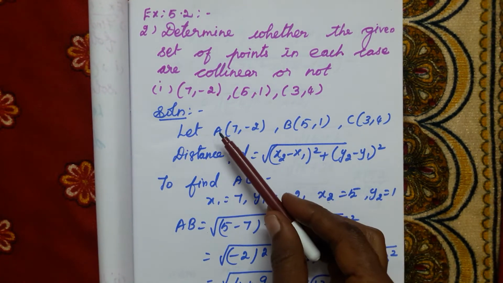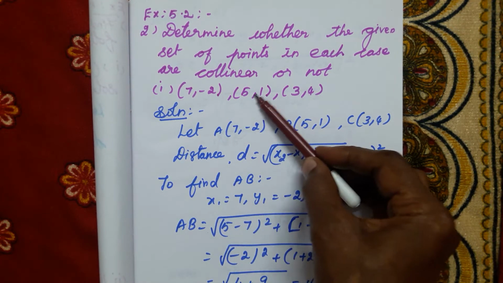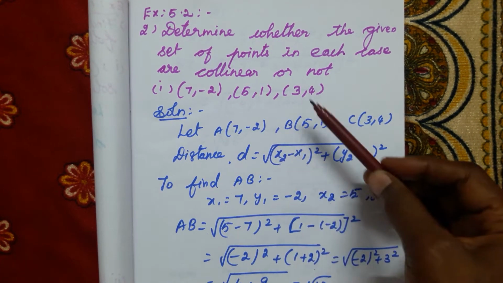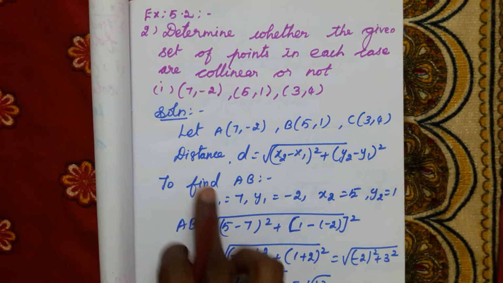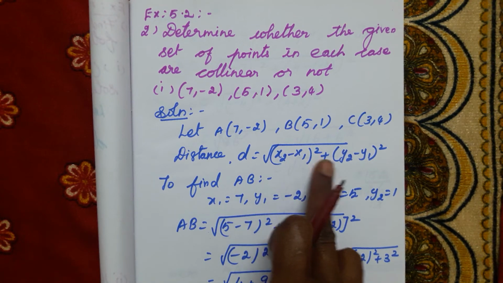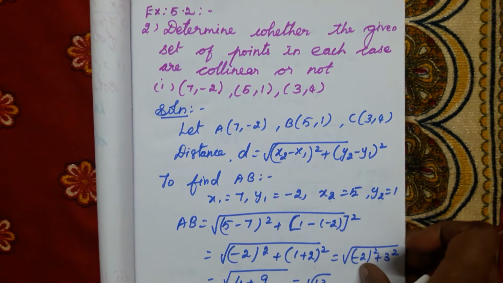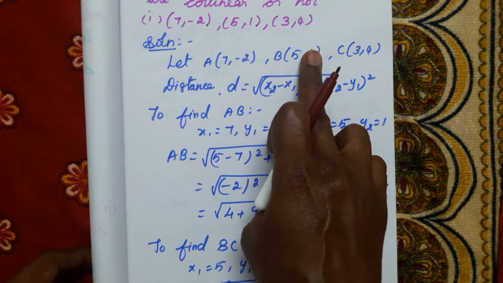First, the given points, we can take let A, B, C. Let A be 7 comma minus 2, B be 5 comma 1, C be 3 comma 4. Distance D is equal to root of x2 minus x1 the whole square plus y2 minus y1 the whole square. First we have to find the distance AB.